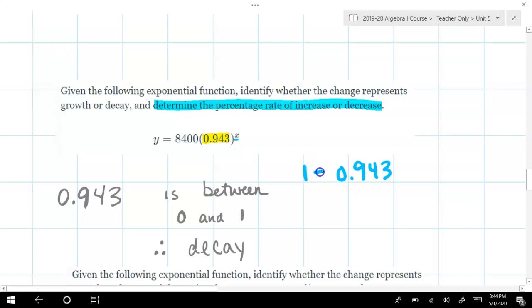So to find the difference, we take 1 minus that. And we get 0.057. So we have a 5.7%, multiplied by 100 to get the percent. So we have a 5.7% decrease.